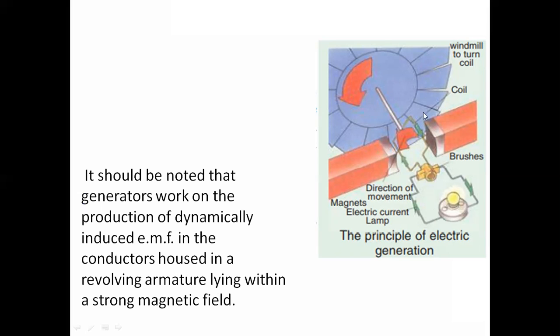So this is the windmill to turn the coil. Here this is the coil, and this coil is connected to a shaft, and the shaft is connected to the windmill. When the windmill is rotating, the attached shaft and the coil will rotate, and this coil rotates in between the magnets.